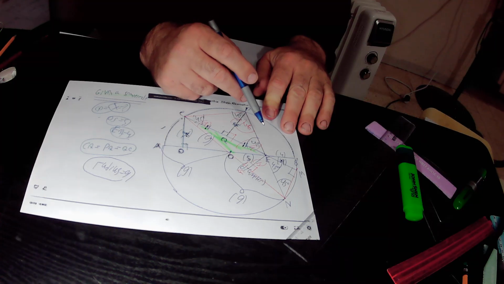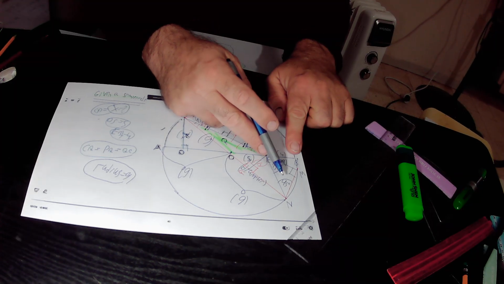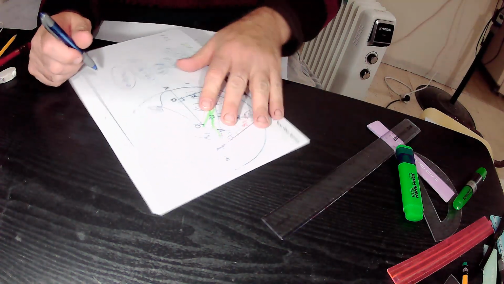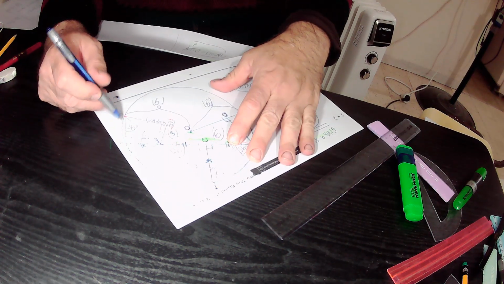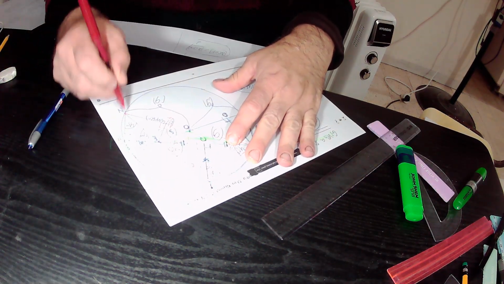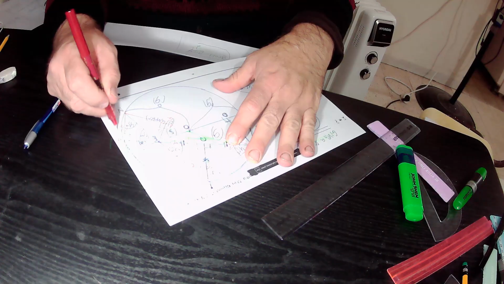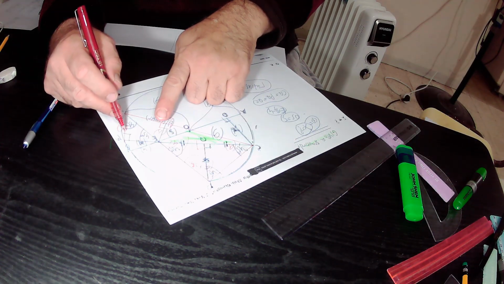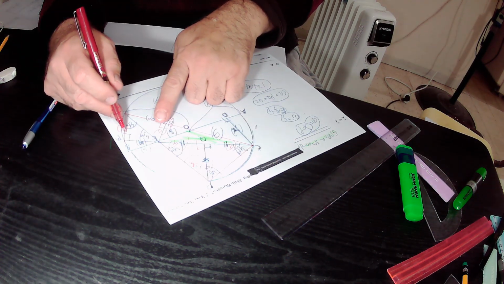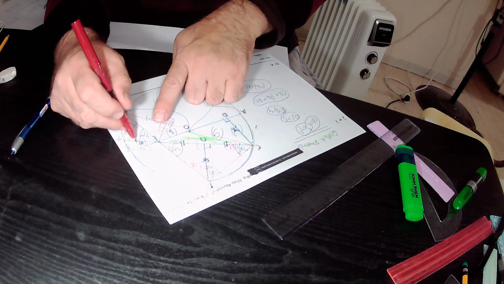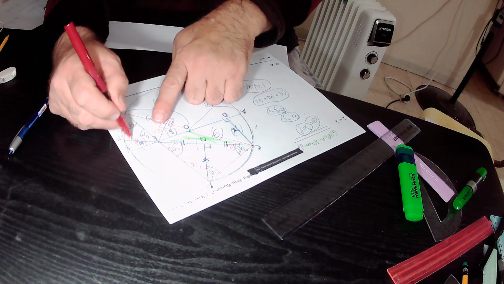So if we define the length of side MN as B, then the length of side EM must also be equal to B units in length because they are equal to each other according to the rule that I mentioned.